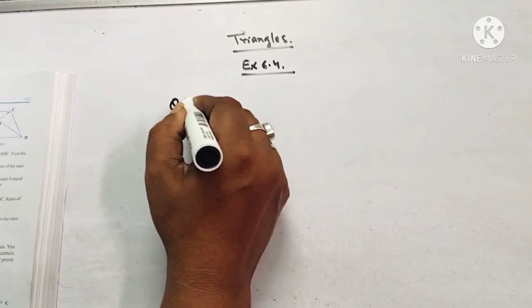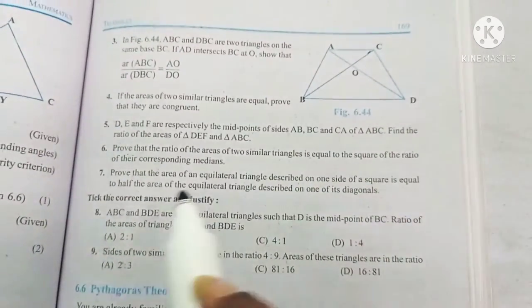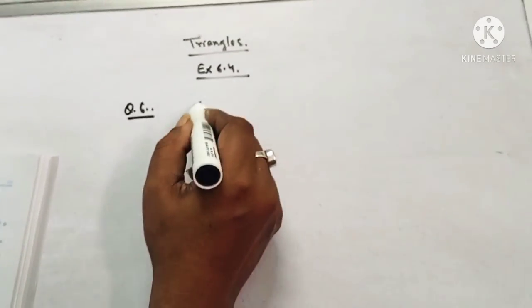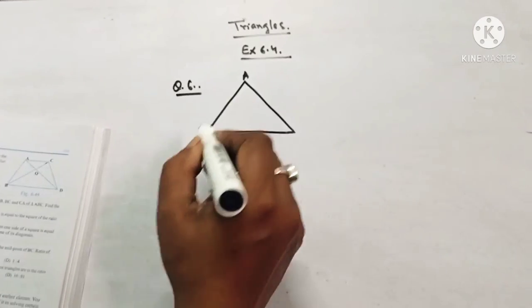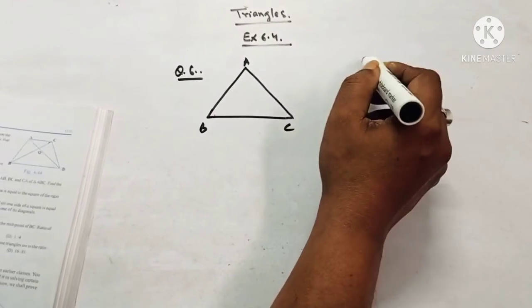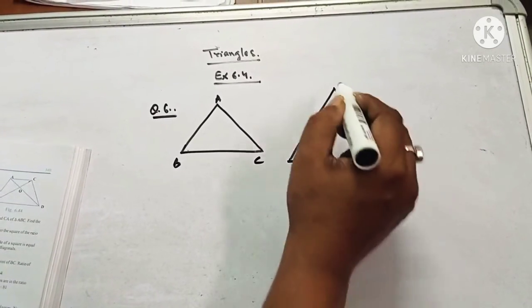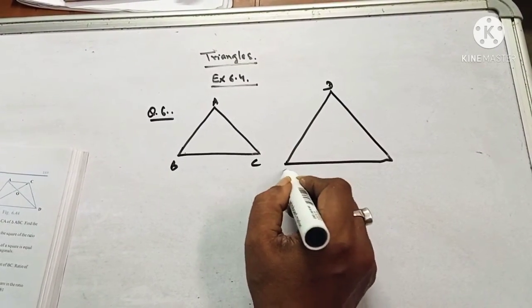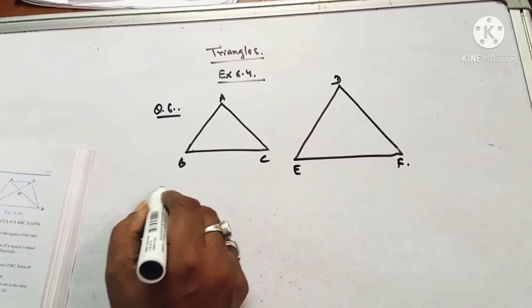Question number 6. Here, prove that the ratio of the areas of two similar triangles is equal to the square of the ratio of their corresponding medians. That means there are two triangles, ABC and another triangle DEF.